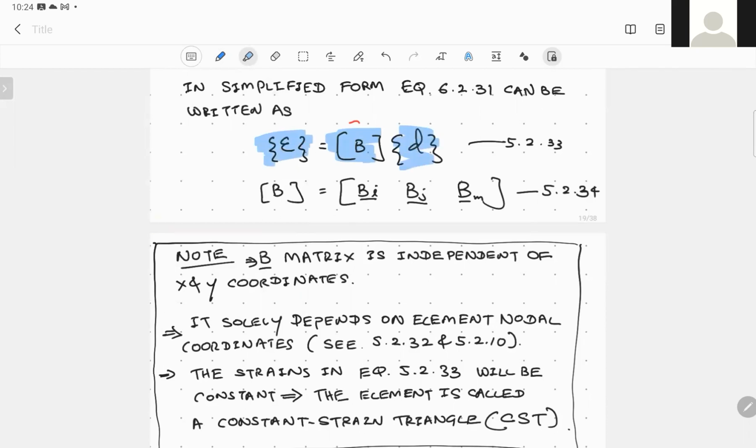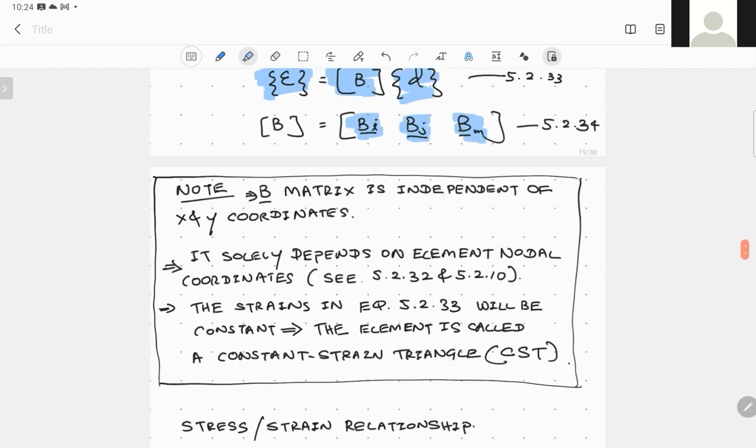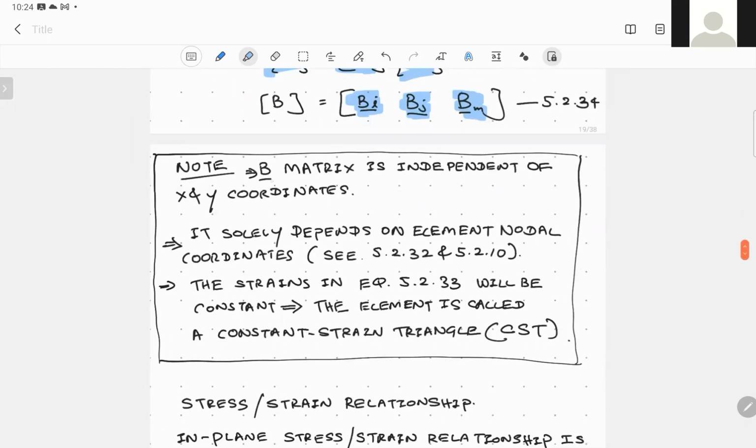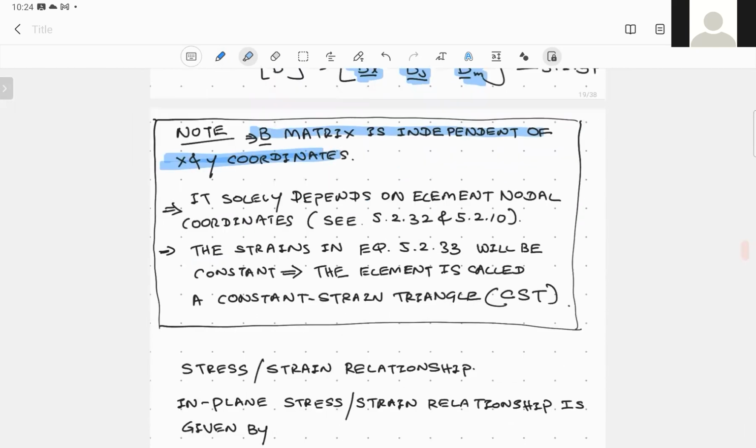And what is this B matrix? It is nothing but a matrix which contains information based on the nodal coordinate systems corresponding to the ith node, jth node, and mth node. Simple. What is important for you to remember is that the B matrix is independent of the x, y coordinates, so they are constants.